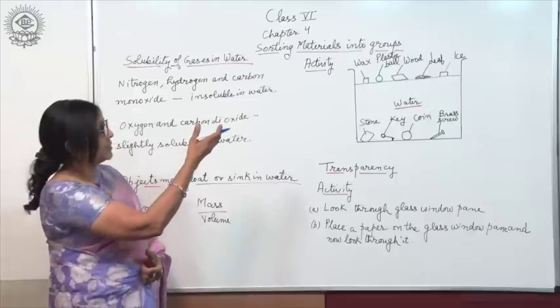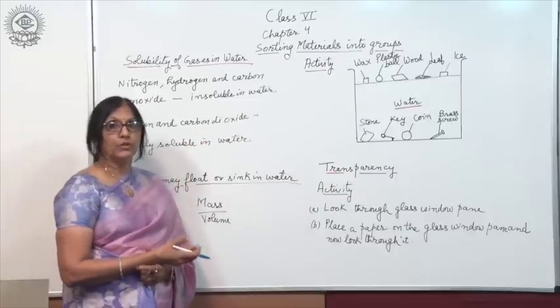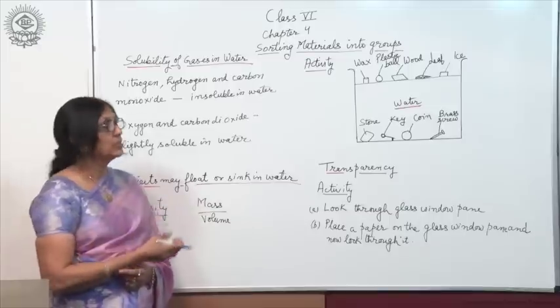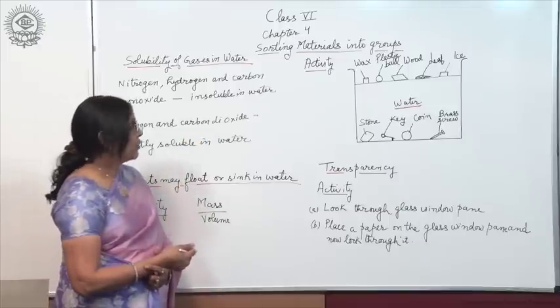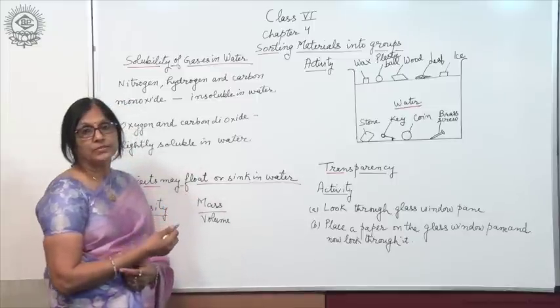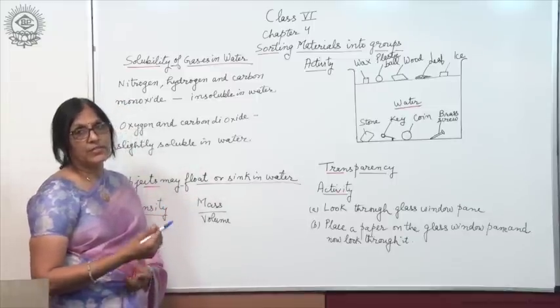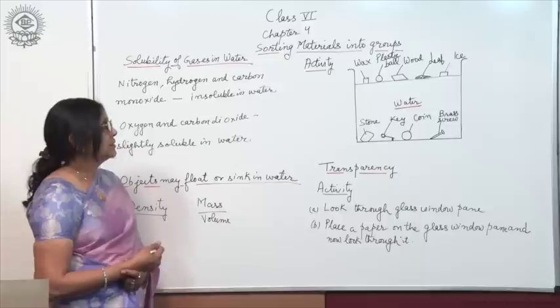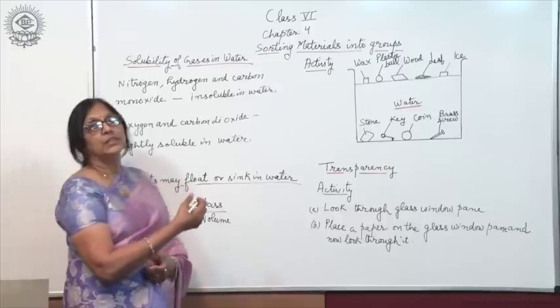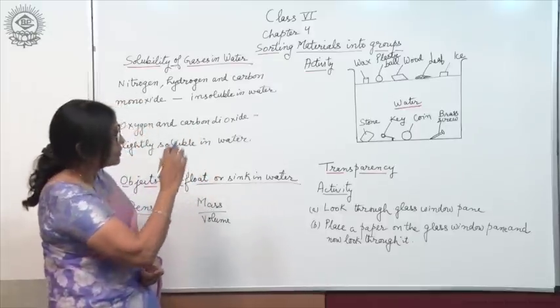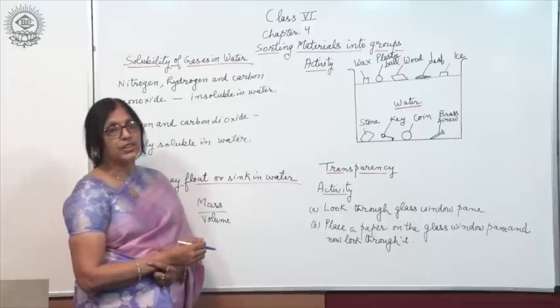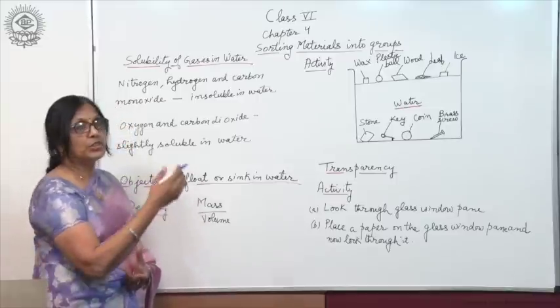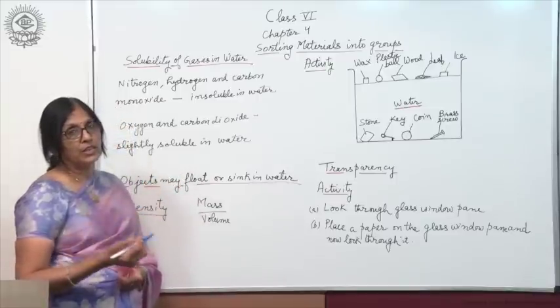Ice is a solid form of water, it also has less density than water, that is why it floats. So, on the basis of density, we can classify the materials into various groups, and we can find out the density in comparison only with water. Here only water is taken, whether the object is floating or sinking in water.